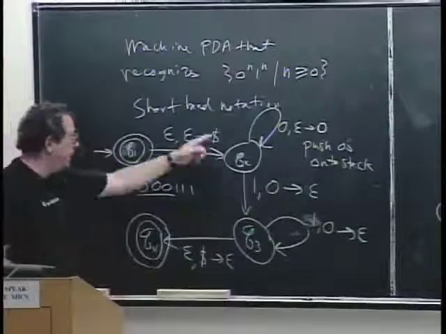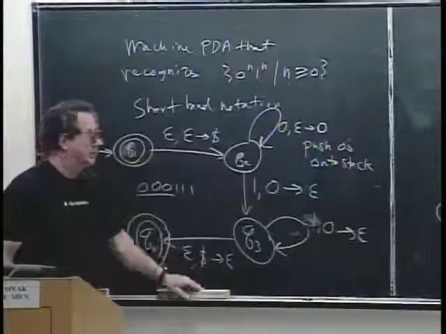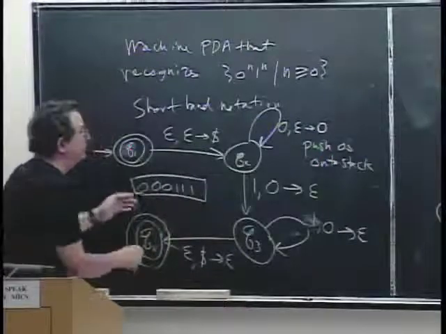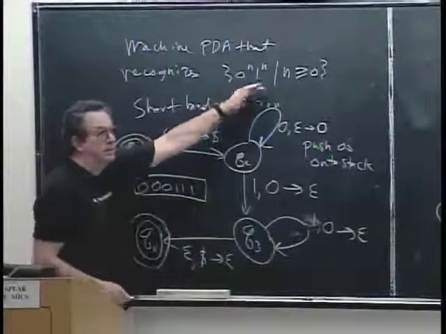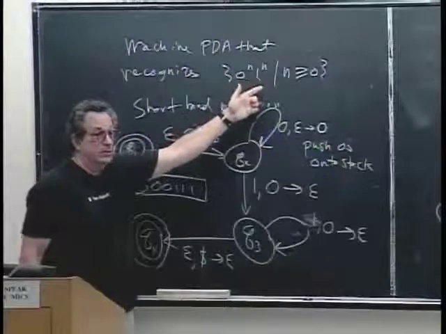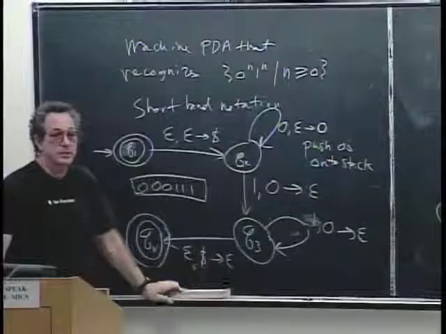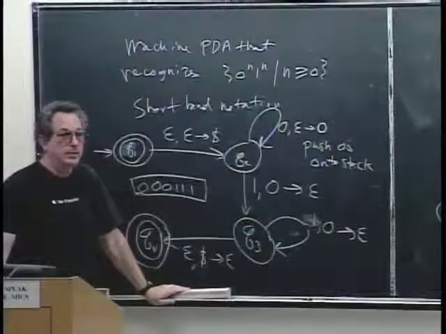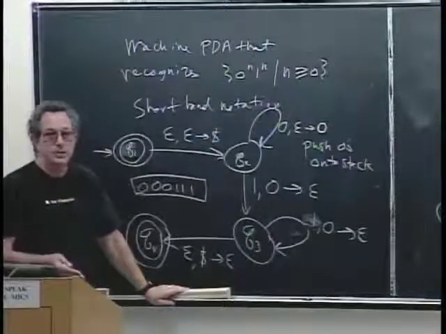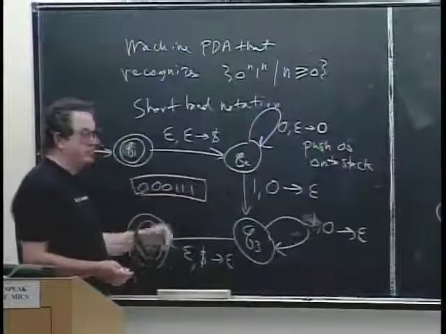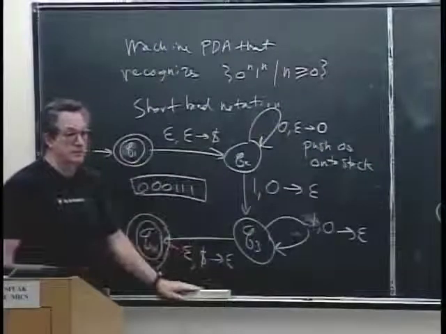So this non-deterministic machine, whenever it has input that's actually of the 0 to n, 1 to n form, this machine has a computation that will end up accepting that string. As in most NFAs, it also has a computation with that string that doesn't accept it.